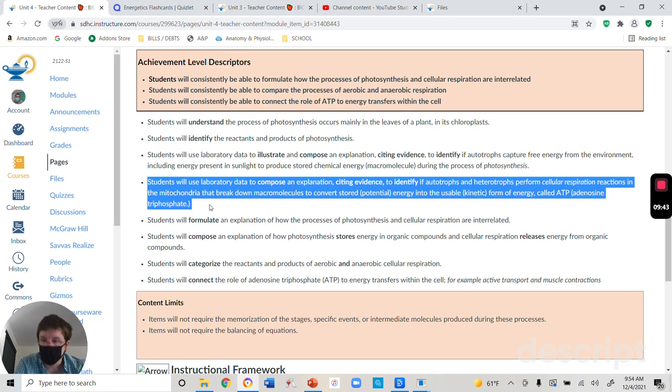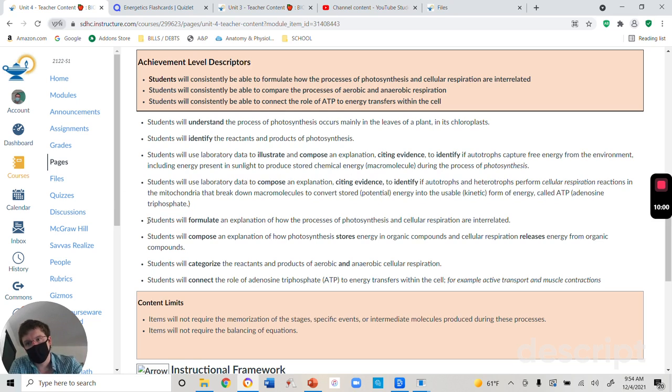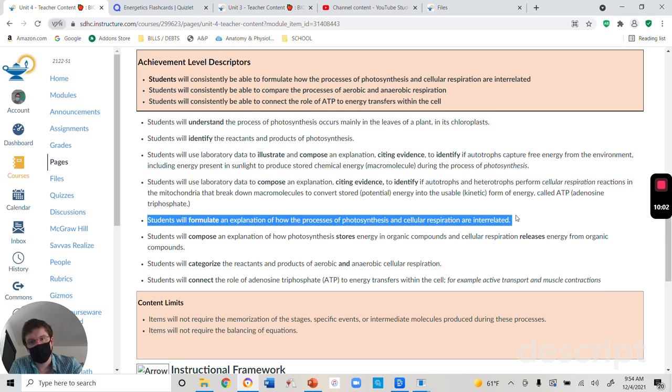And the end goal of all of this is to make adenosine triphosphate. That is what every living thing needs to get anything done. It's the energy currency of every living thing. All right. They want you to understand that photosynthesis and cellular respiration are basically inverse processes.